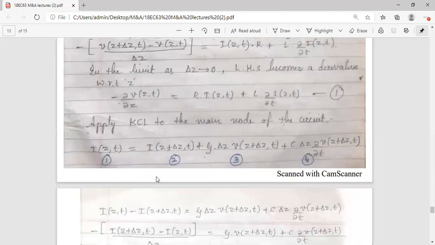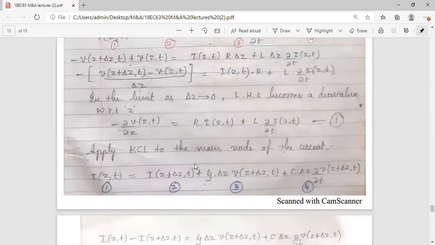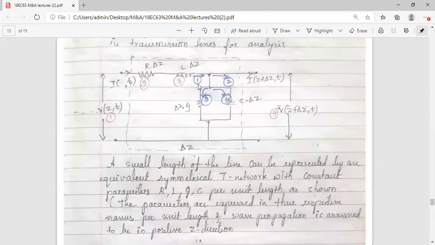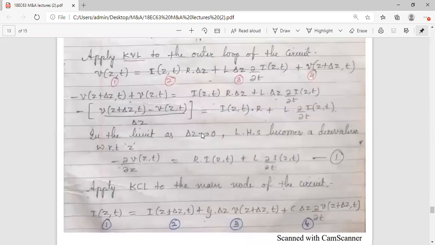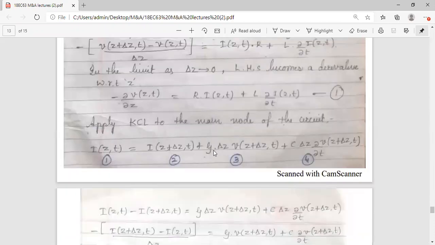Number 2. Now let's see what is 3. 3 is, it is actually the conductance G into delta z. Here what is the current? Let us see. G into delta z into V. So what is the current I?